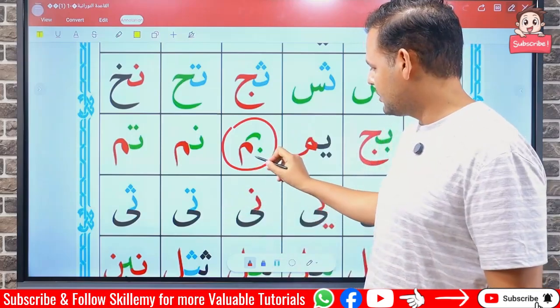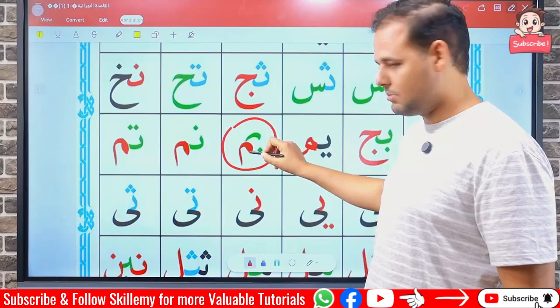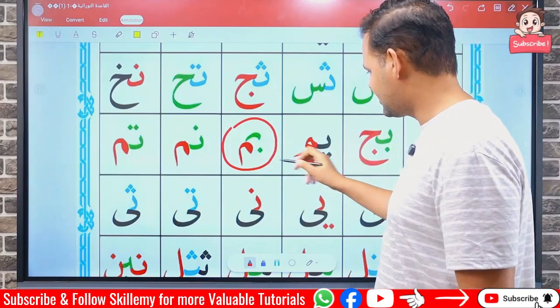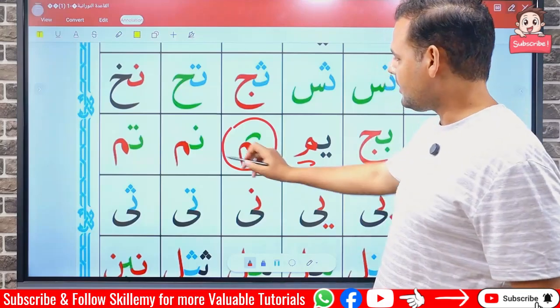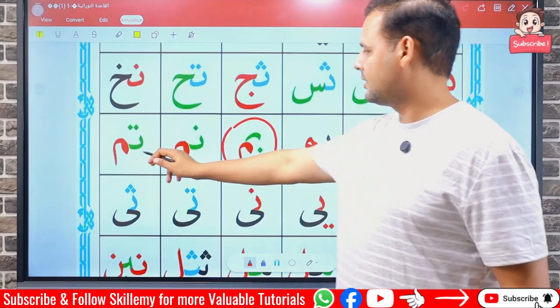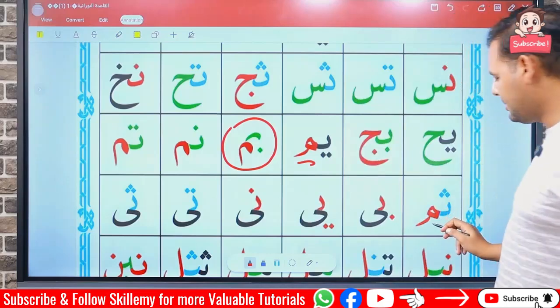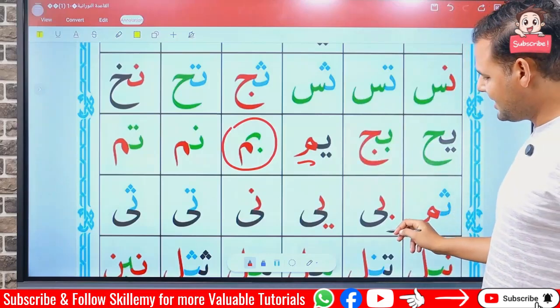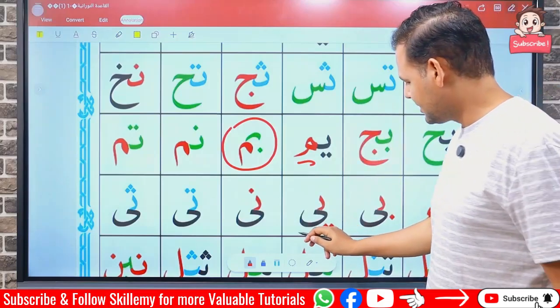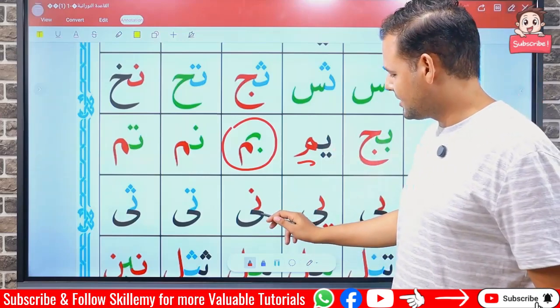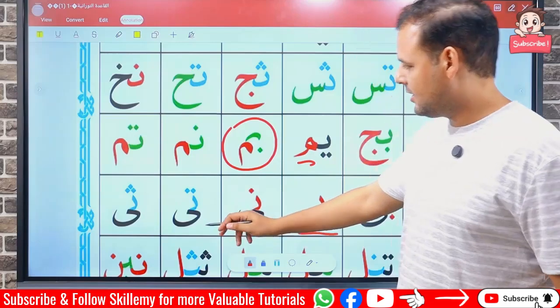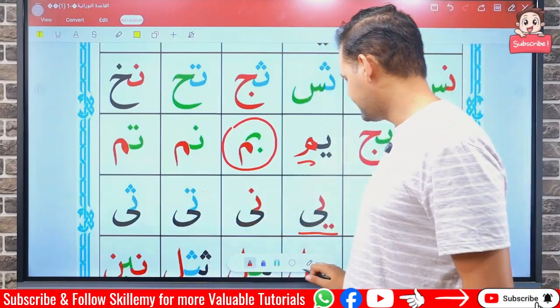Nothing, just Ba. So that's Ba, and I know this is Ma, and that is also Ma. It's 2 shapes for Ma. And then we have Nama, Tama, Thama, that's Ba-ya, and look at this, that's Ya-ya. And then there's Na-ya, Ta-ya, and then Tha-ya.